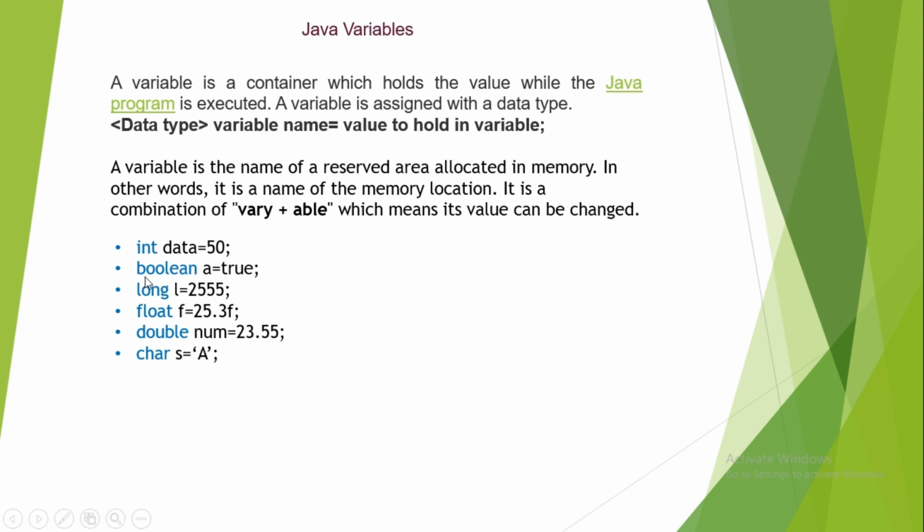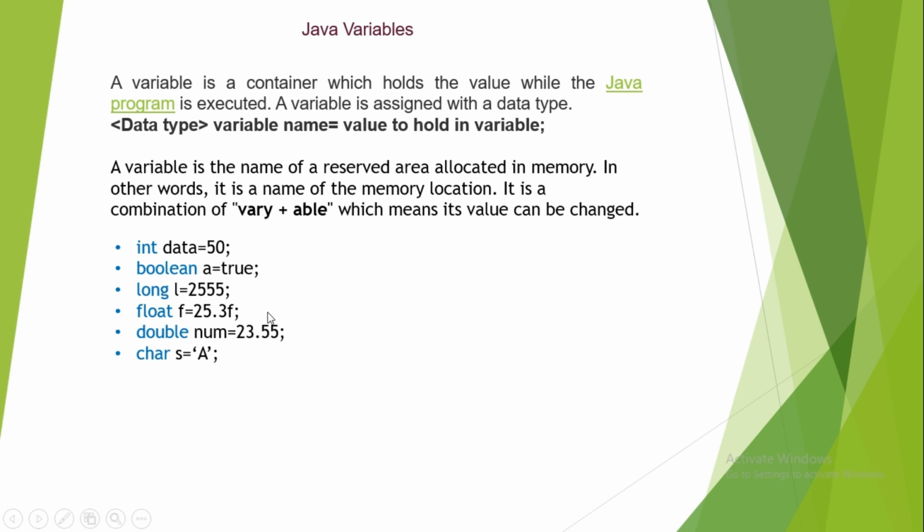So if you want to create a variable with the boolean data type, you have to give boolean. If you want to store long, which means a long number, int occupies only 4 bytes, whereas long occupies 8 bytes. Based on your requirement, you can go for long. How do we define long? L equal to like this. We can give some value.